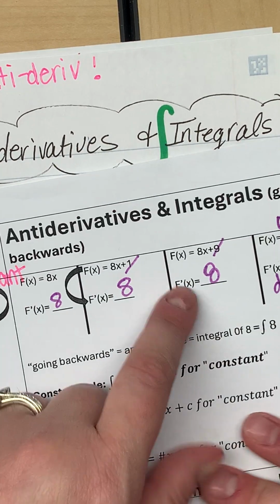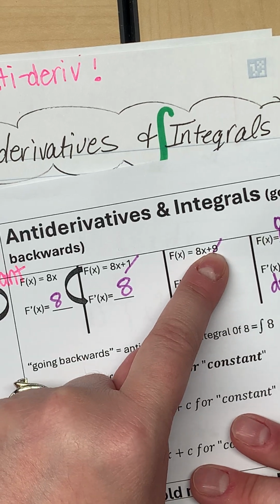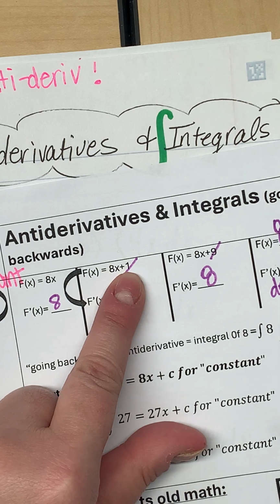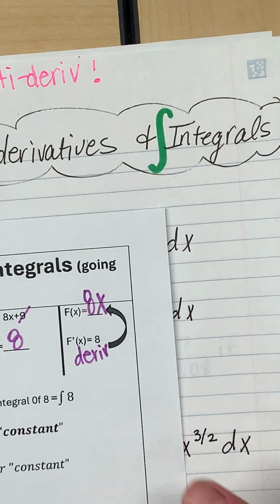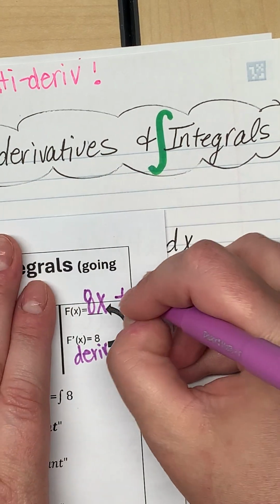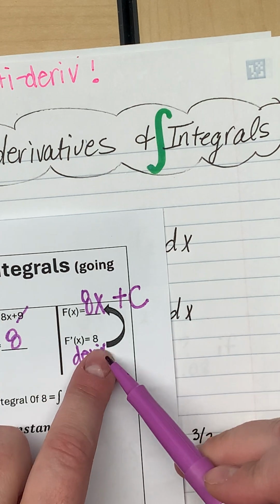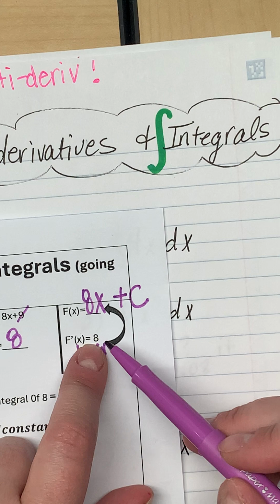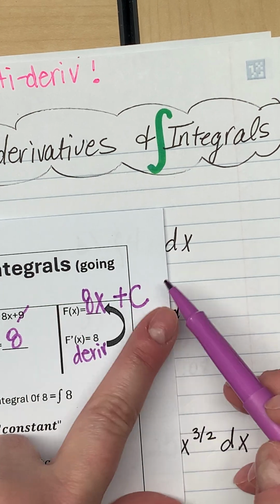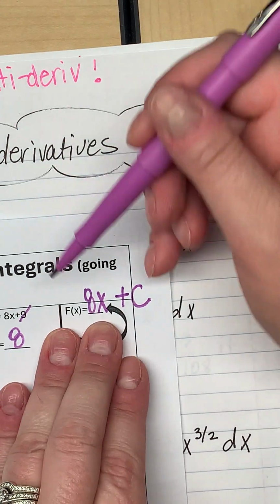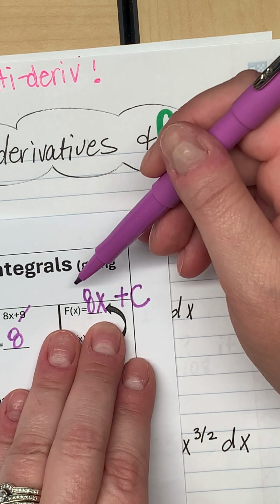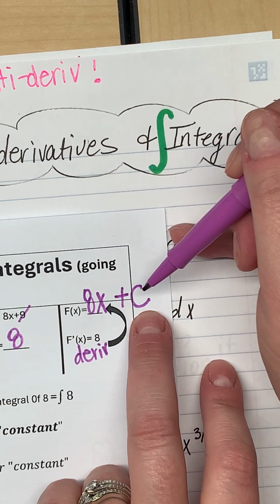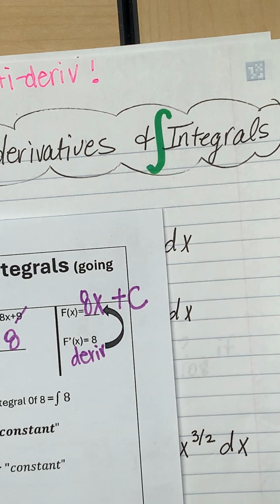And then how do I represent this plus 9 or this plus 1? It's a naked number. Naked numbers are constants, so plus c. So if you're given that the derivative is 8, the original equation has to be 8x plus c. Because that way, when you take the derivative of 8x, it gives you the 8, and if you take the derivative of a c, it goes away.